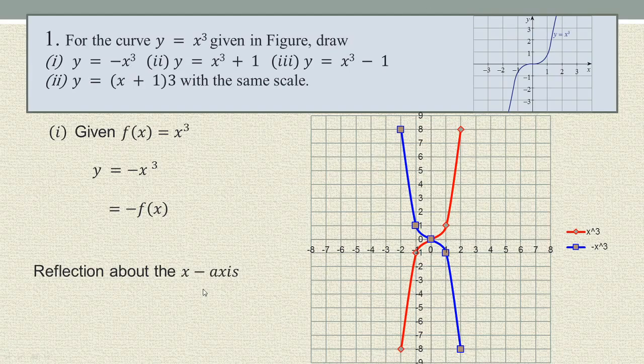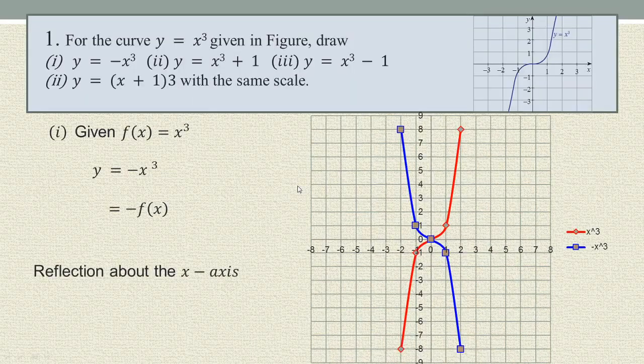Reflection about the x-axis means this point will be under the x-axis. This is 8 and this is minus 8. This is 1, this is minus 1. So this is the reflection about the x-axis. Clear? In this way, without plotting the points, you can draw the diagram.